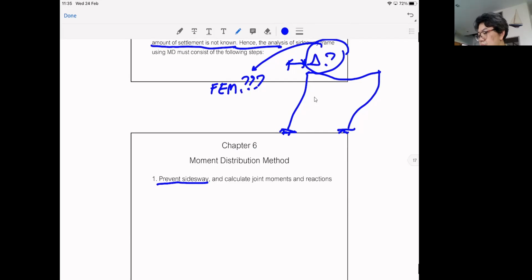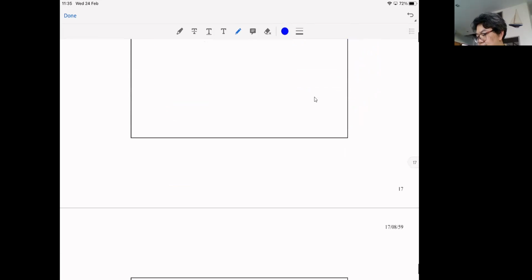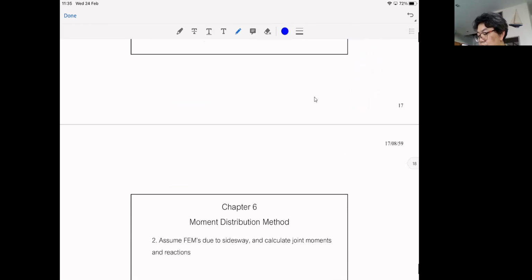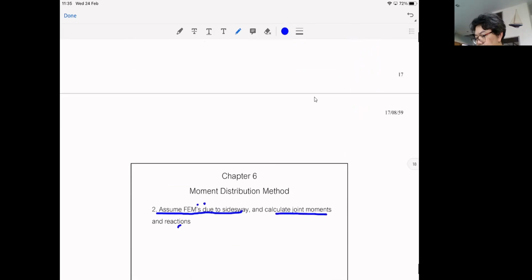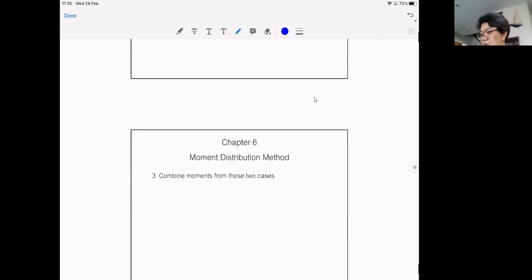After that, we need to assume the fixed moment due to side sway, because we don't know anything, so the best way is to assume something. Assume the fixed moment due to side sway, any number, and then calculate the resulting moments and reactions. And then we combine the two cases.